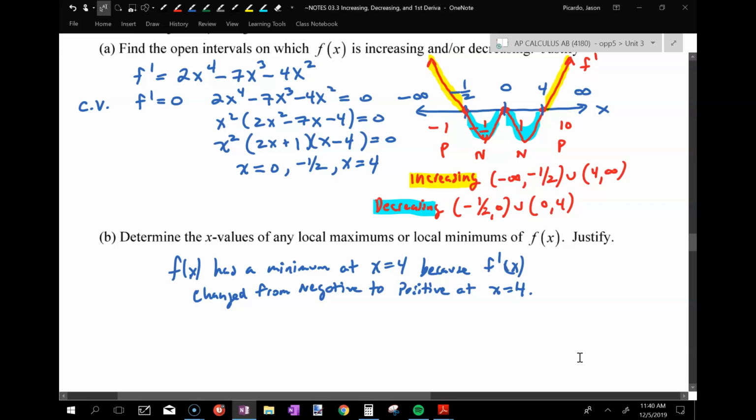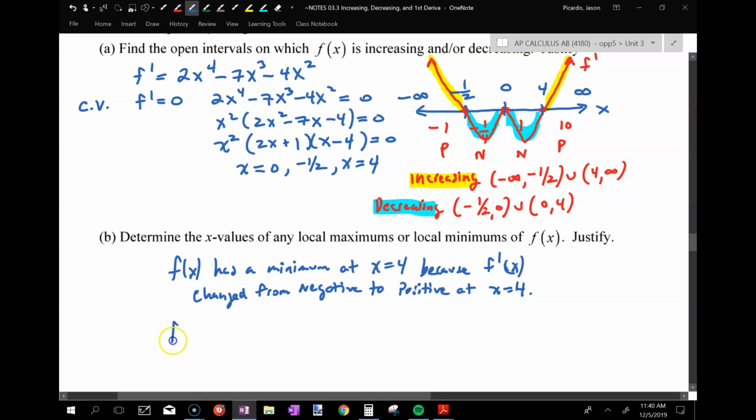And then what am I going to say? I'm going to say the opposite statement for the maximum. And where did the maximum occur? Well, what am I doing? I'm increasing, increasing, increasing, and then I'm decreasing. So this must have been the maximum.